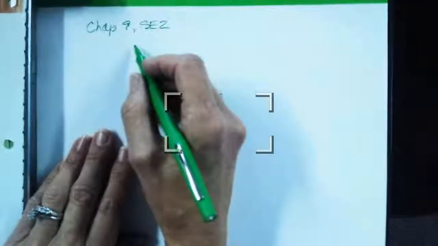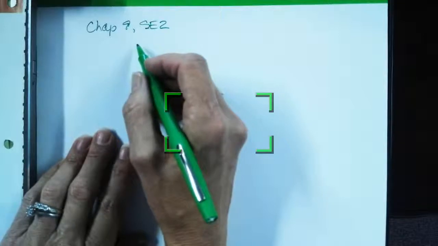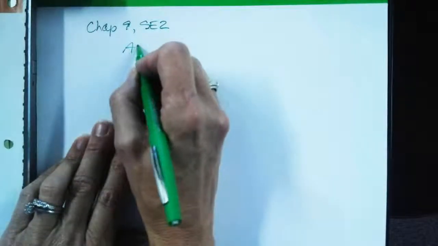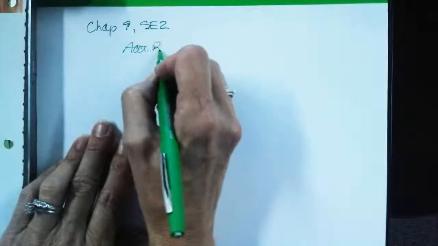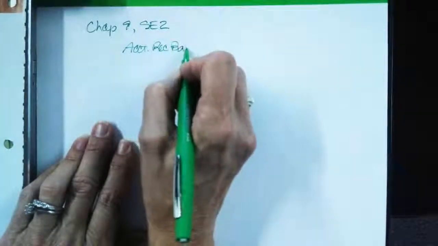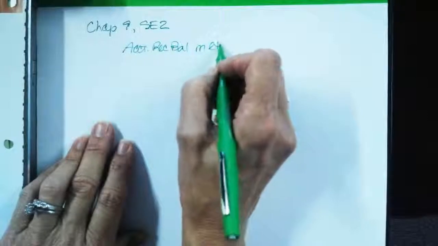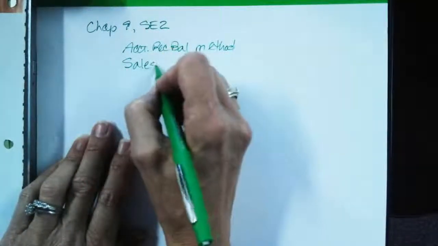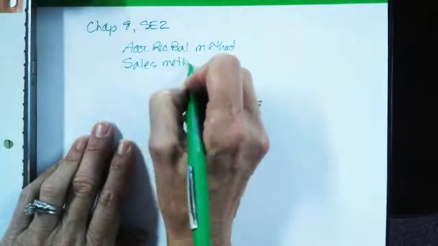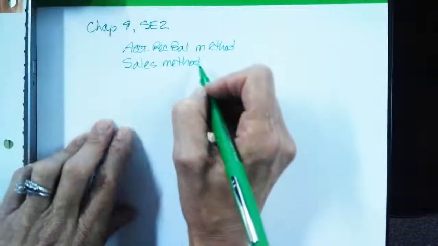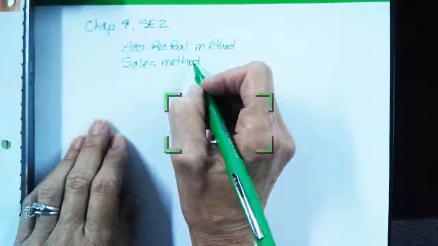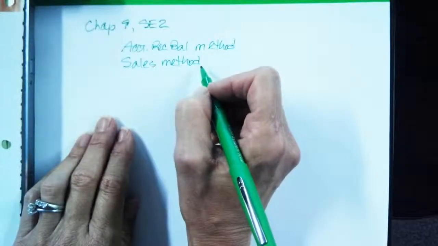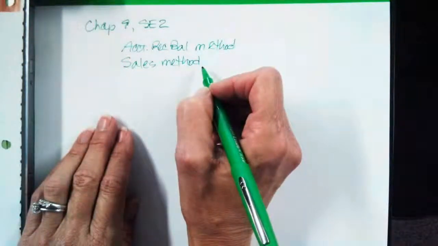Okay, so we have two ways that we do that. One is that we use the accounts receivable balance method. The other is that we use the sales method. We don't use both. A company uses one or the other, okay? If I use the sales method, that means that I have some history and experience.